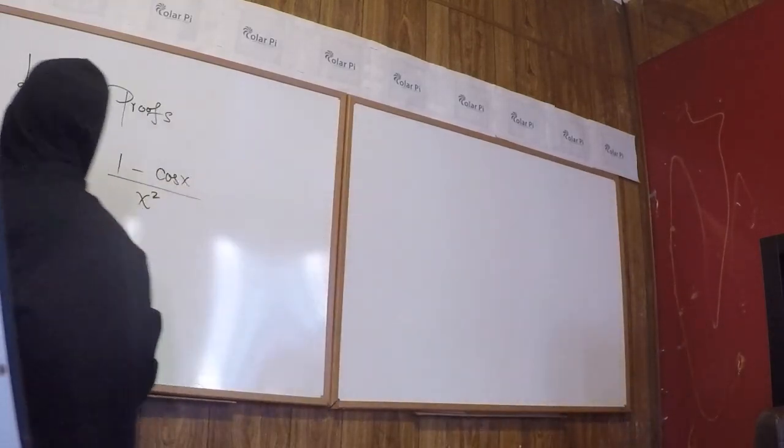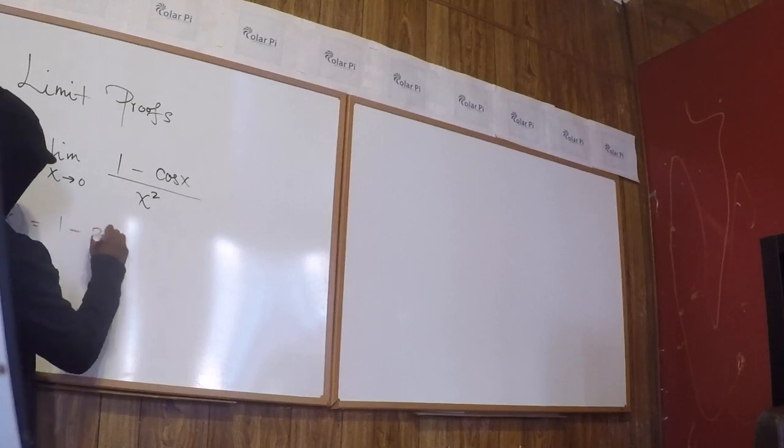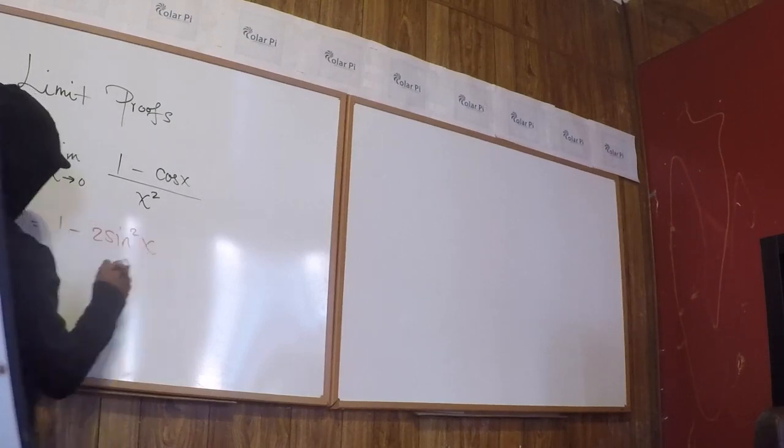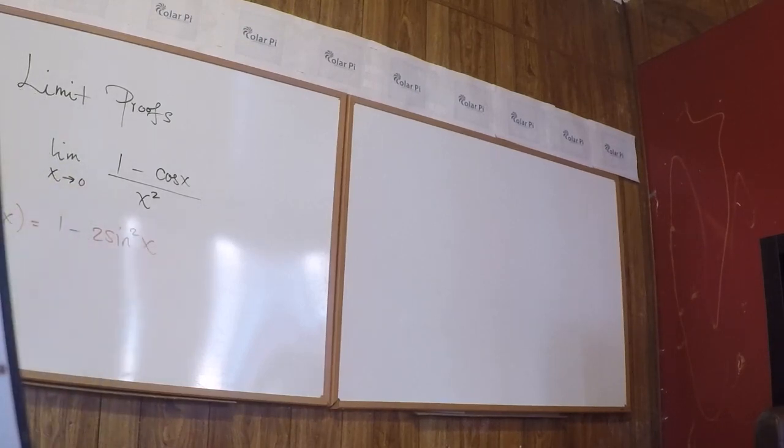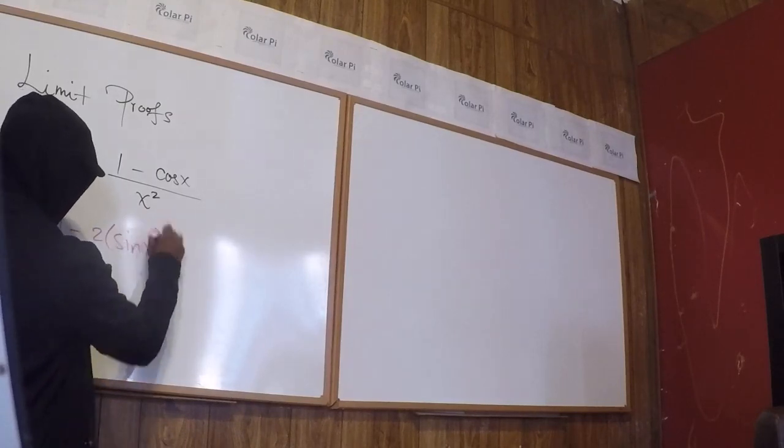Recall that we have 3 different formulae for cosine 2x. One of them says cosine 2x equals 1 minus 2 sine squared x. It's that 2 that I left out in the first recording, and hence why I have to record it a second time. And sine squared x means sine x, whole squared.